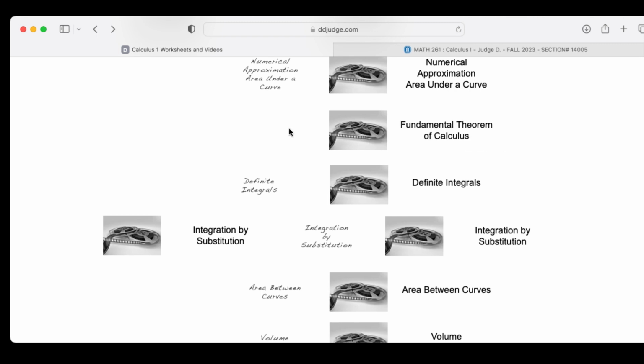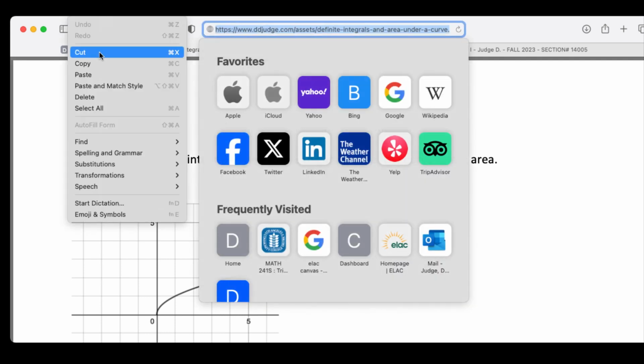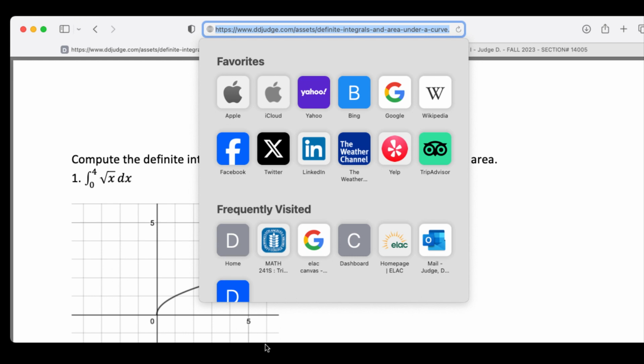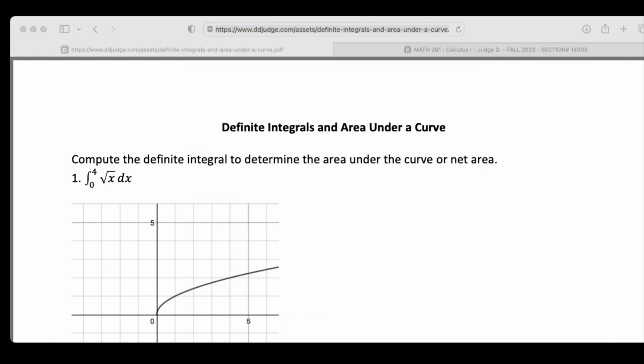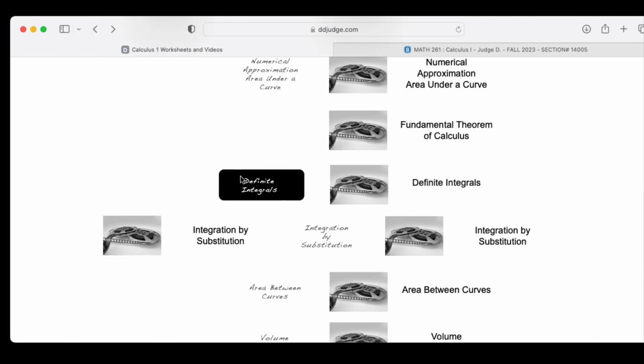And then I go to definite integrals here. And I have that worksheet for you guys on my website as well. So, ladies and gentlemen, here we go. There it is. I even have a whole bunch of videos with this stuff, going through this process in depth. And you say, where are these examples?